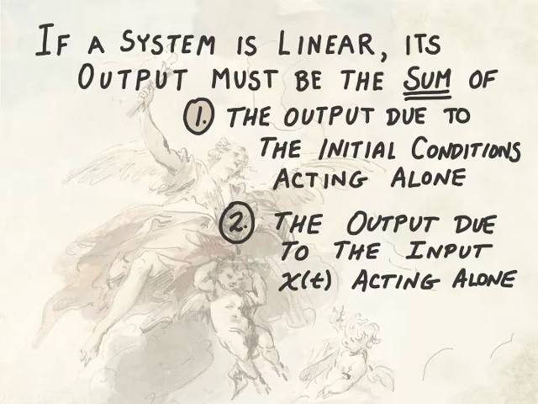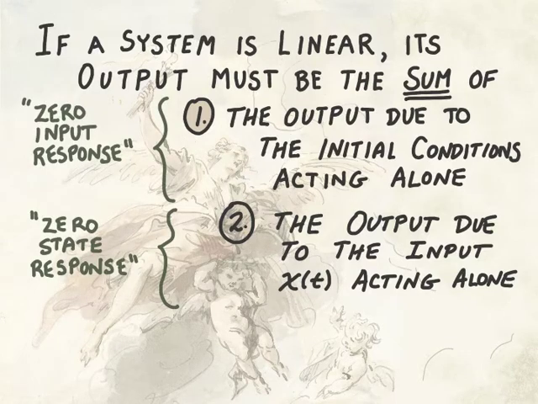So we can, if you will, do two experiments. One where we just see how the output responds to the initial conditions, and another where we just see how the output responds to the input. And then once we have the result from those two experiments, we can simply sum them together, and we'll find out the output in response to both initial conditions and the input. This property and the property of superposition do not hold for nonlinear systems.